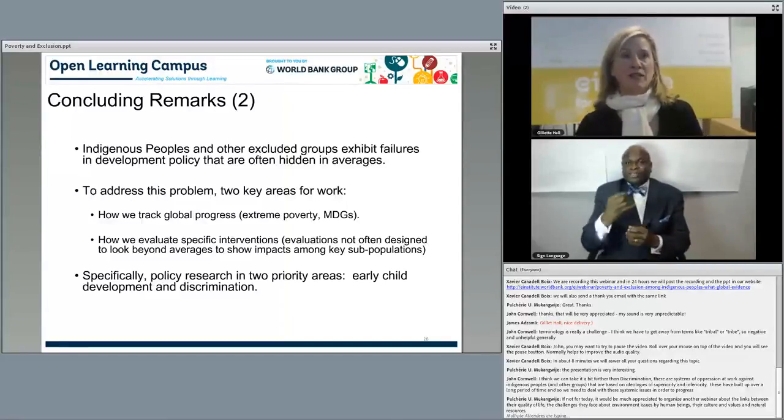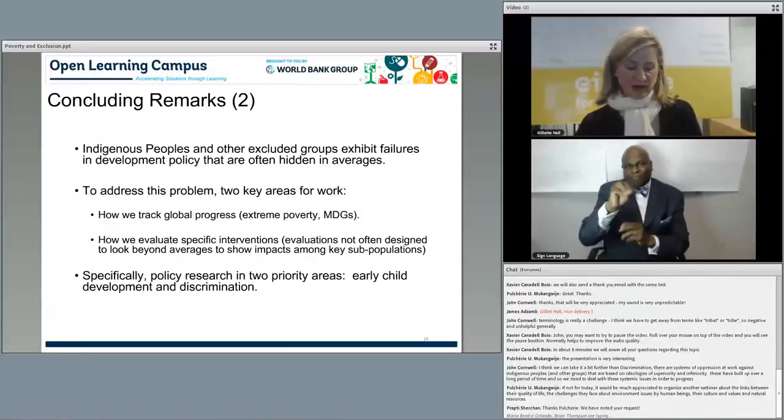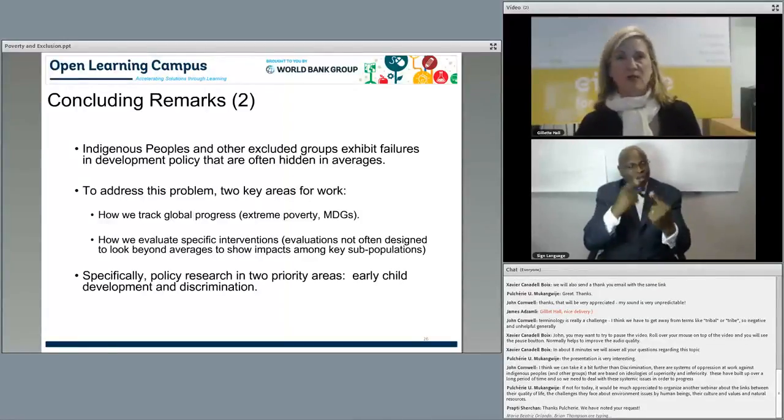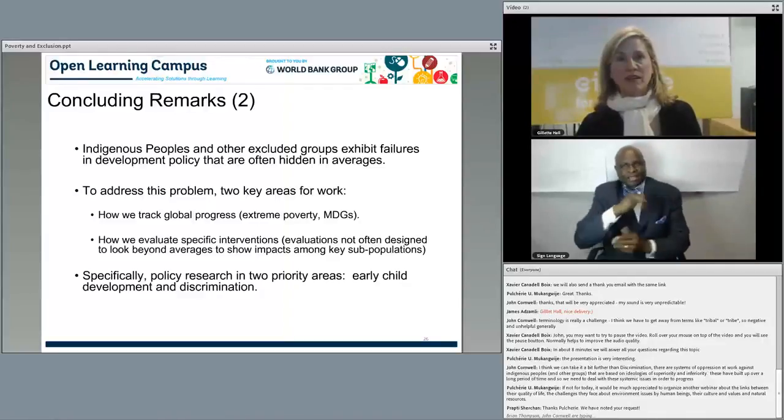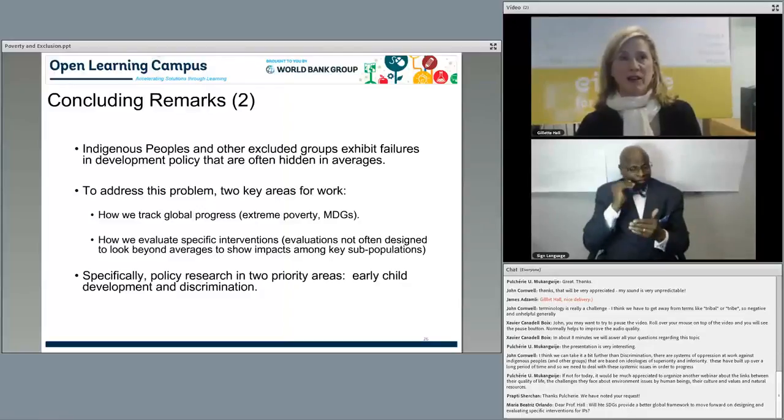So to address this problem, there are two key areas for work. As a global community, we've already revised the Millennium Development Goals. We now have the Sustainable Development Goals, and it does go some way towards encouraging us to go beyond the averages. So there has been some progress there.